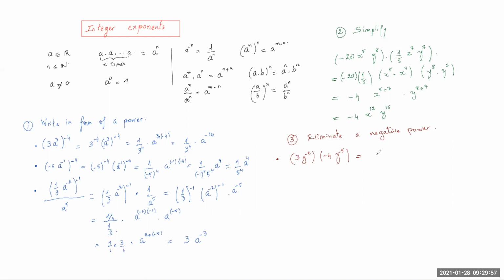I will regroup the terms, the numbers together and the y's together, and see what I can do. So I will have minus 12 times y to the minus 2 plus minus 5, which gives me minus 12, y to the minus 7. Okay, so they want me to eliminate a negative power.